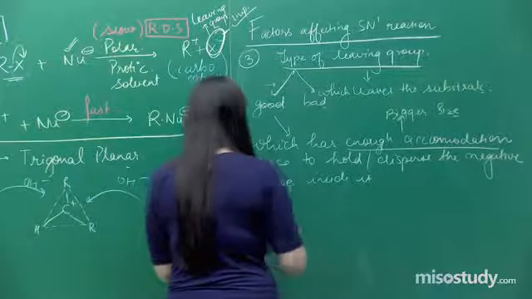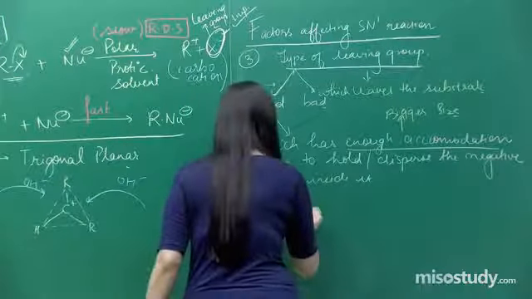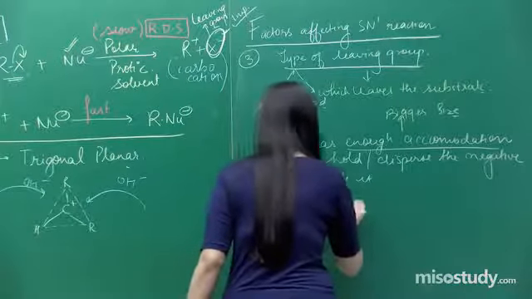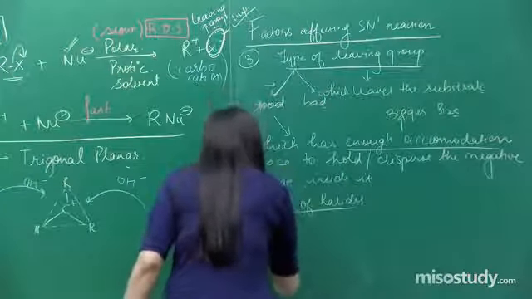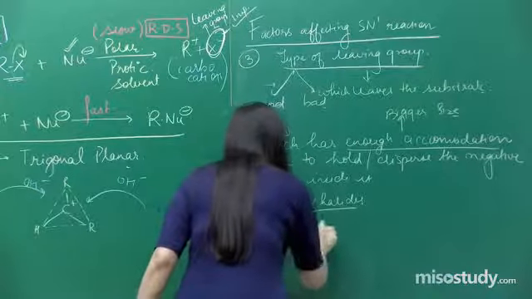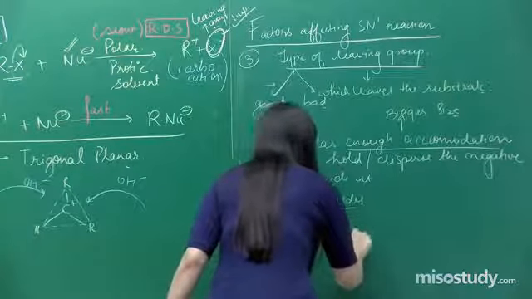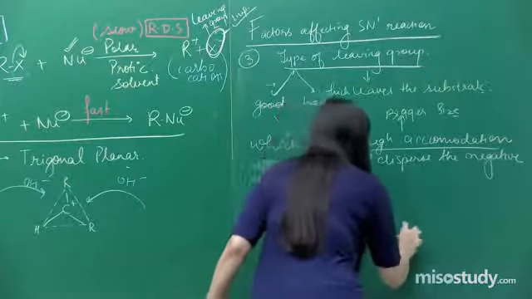So out of halides, which is the best? Fluorine is the least, then chlorine, then bromine, and then iodine.